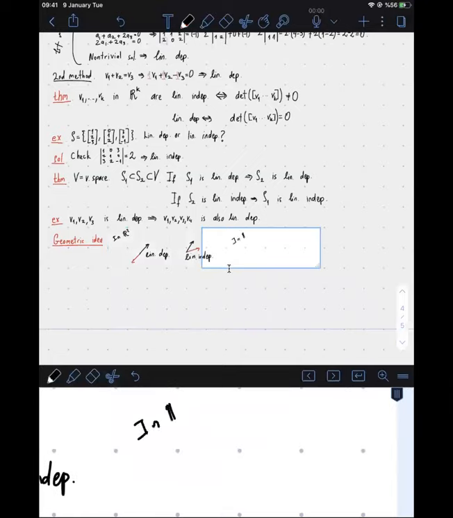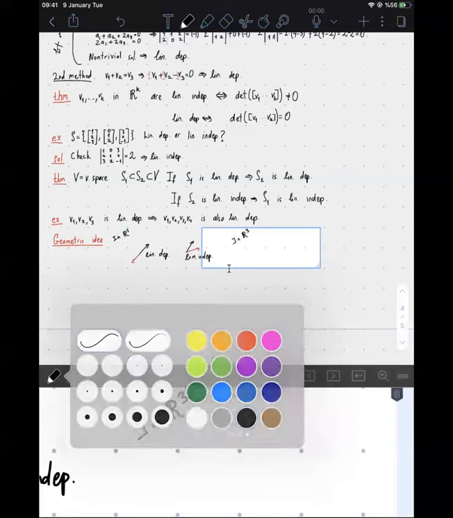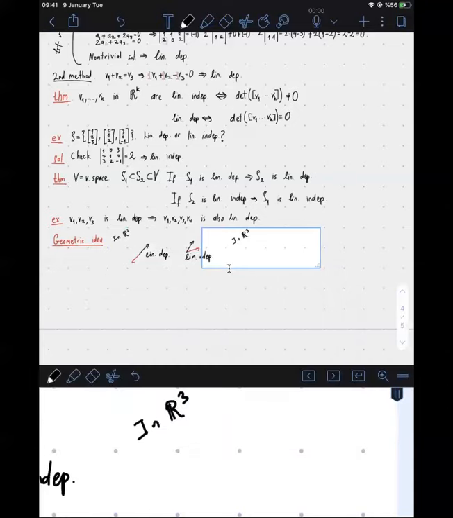In R3, when are three vectors linearly independent, and when are they linearly dependent? Okay, so in R3, three-dimensional space, three vectors are linearly dependent if they lie on the same plane.